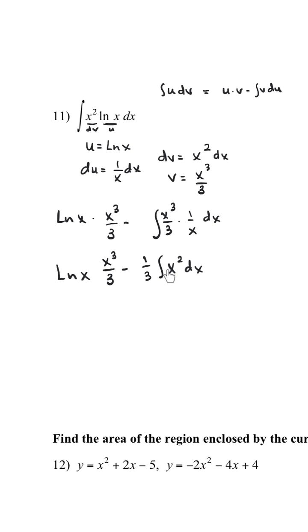So then the only thing left to compute is the antiderivative, or the integral of x squared, which is x cubed over 3. This x to the third over 3 came from here, the antiderivative of x squared. And then just multiply these two together.